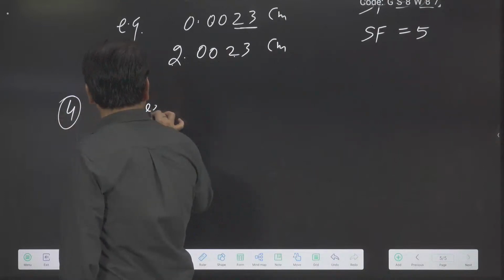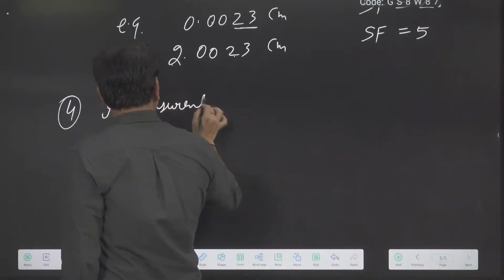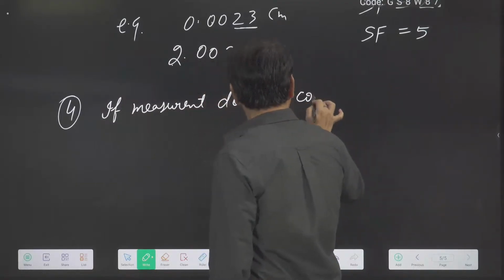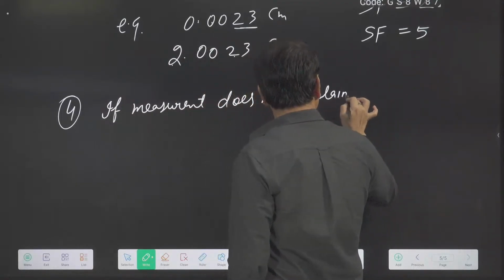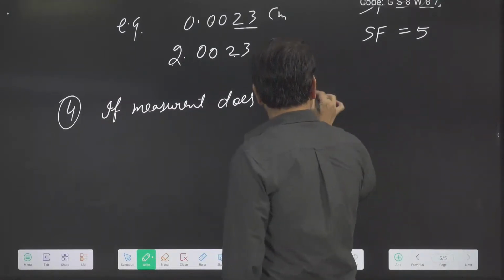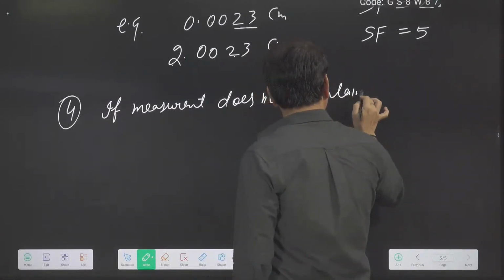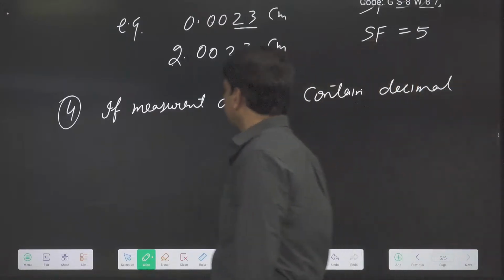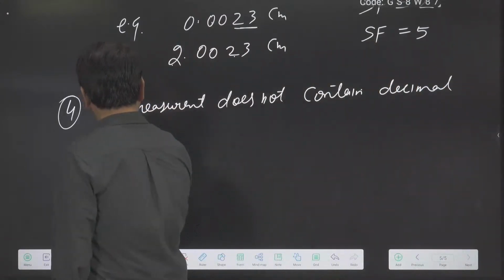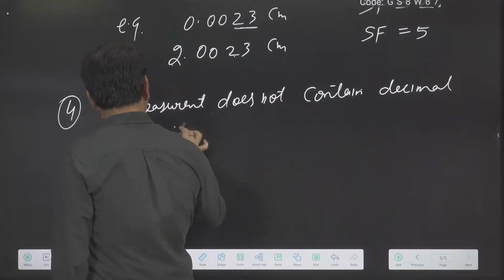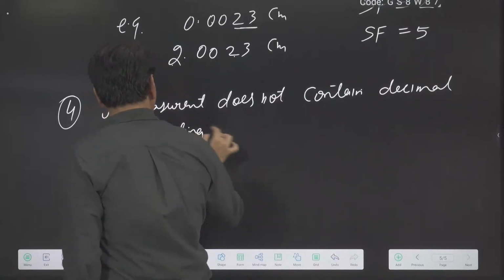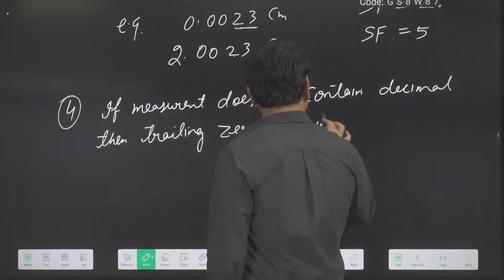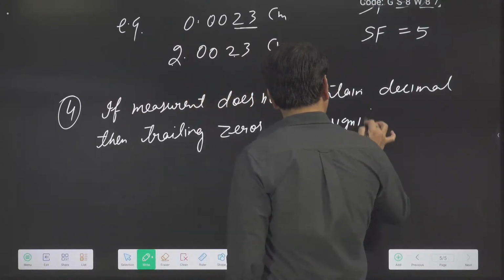So if the measurement or quantity does not contain a decimal, then trailing zeros are insignificant.